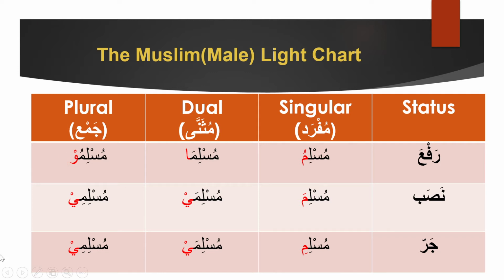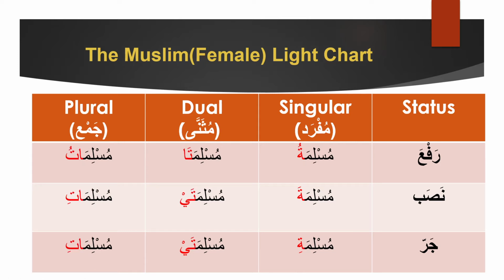Okay? Now let's have a look at the female chart. The same concept applies to the female chart. Again, over here, in each of these cases, the noon sound is removed, either as a tanween or as an entire letter. Let's read through this. Muslimatun, heavy. Muslimatu, light. Muslimata, heavy. Muslimata, light.